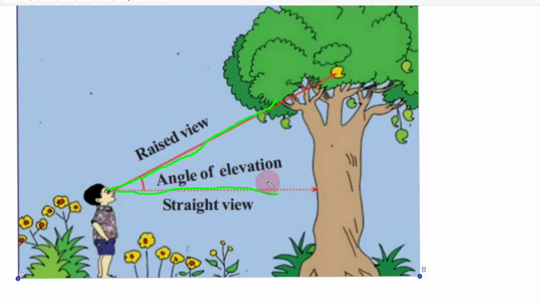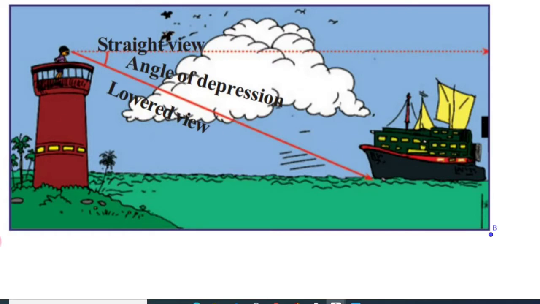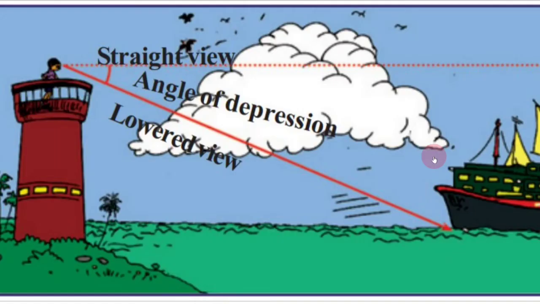Now we need one more angle. See here, you can see a boy standing on a tower. At that time, though you can see a ship, we have to lower our sight to see things below. See, this ship is somewhat below this tower, right?